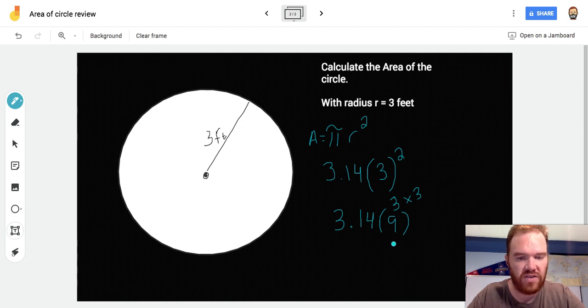So now I just have to multiply 3.14 times 9. I'm going to do that off to the side here. 4 times 9 is 36. 9 times 1 is 9, plus 3 is 12. 9 times 3 is 27, plus 1 is 28.